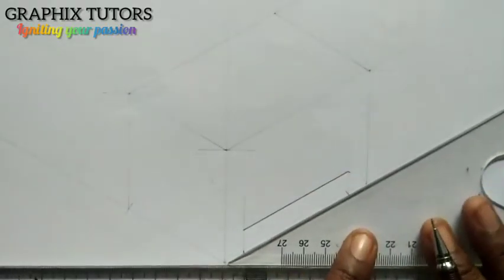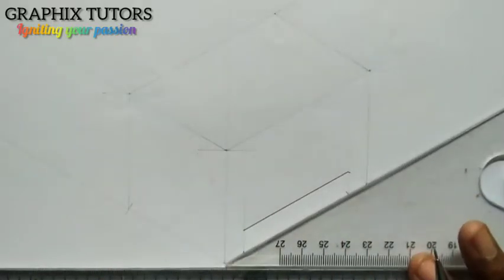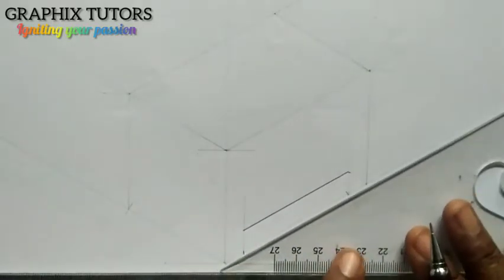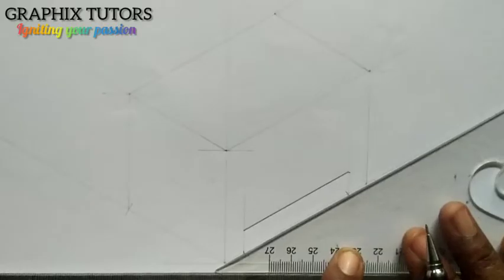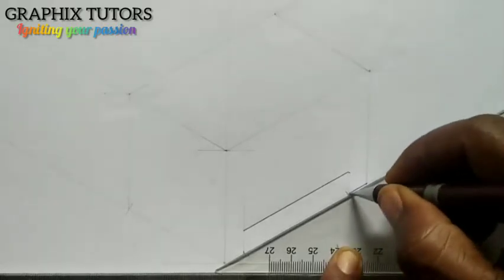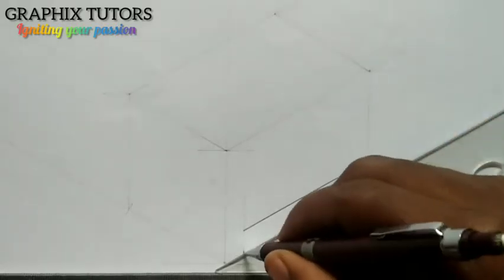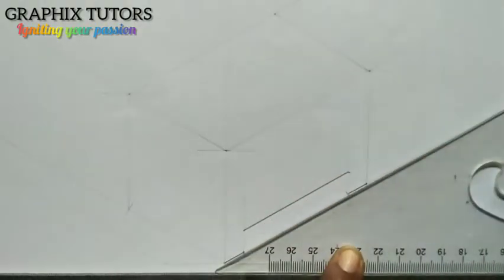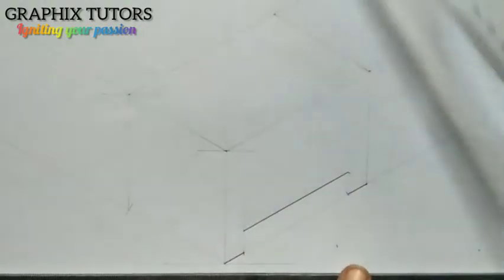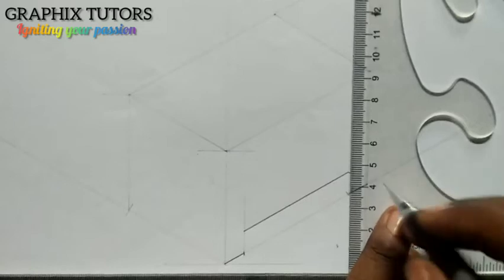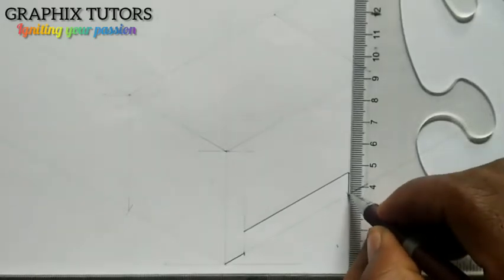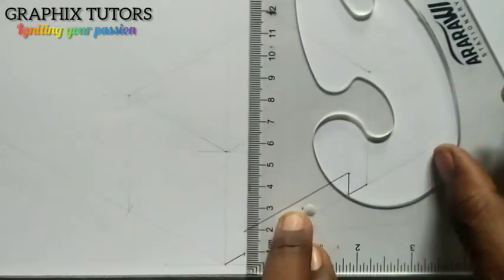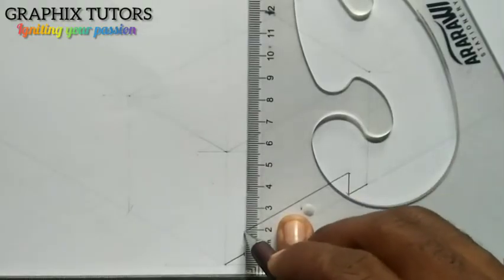I'll also cover from this point here to this point. Also from this point here to this point. So that is it, and I'll close here, from here to here, and from here to here.